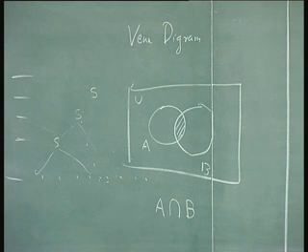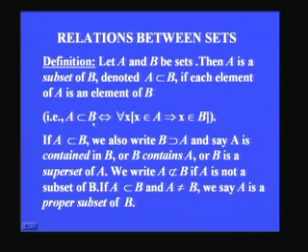Now, let us consider some relations among sets. So, relation between sets. Consider two sets A and B. Let A and B be sets. Then when do you say that A is a subset of B?